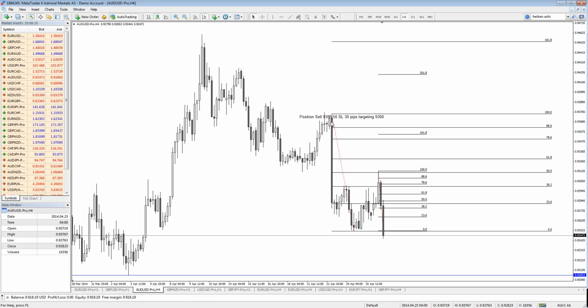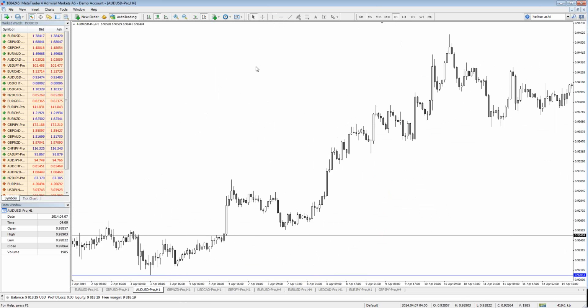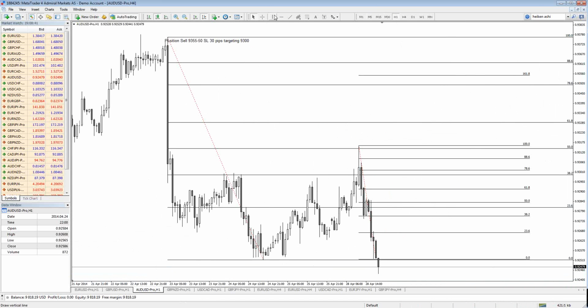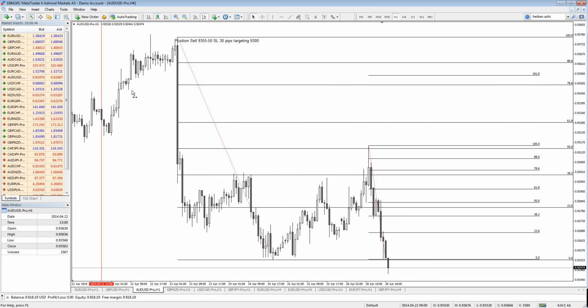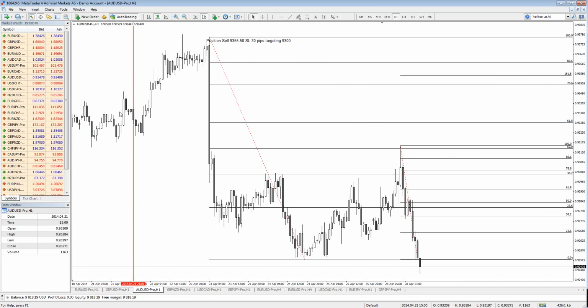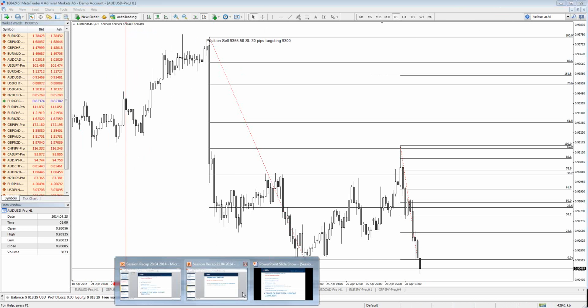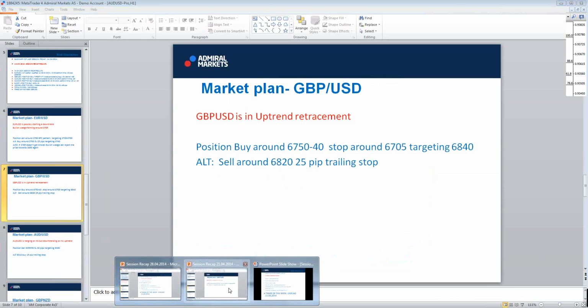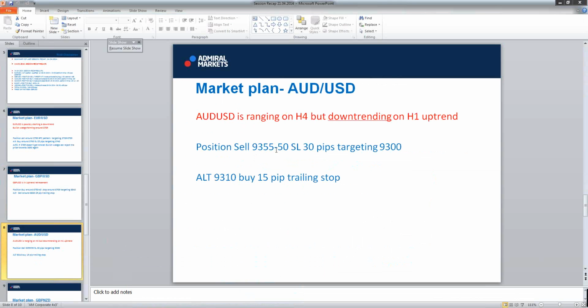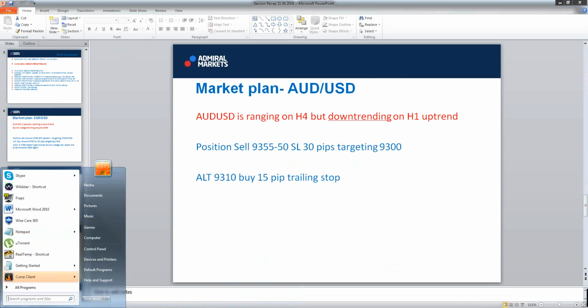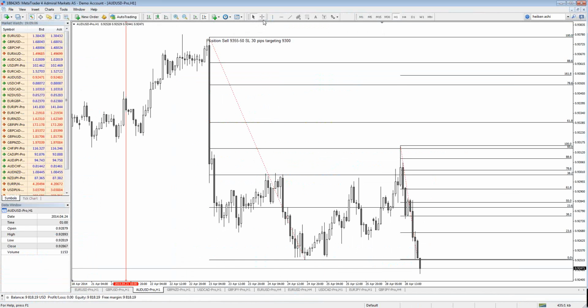Aussie position sell 93.55. Let's see where basically the entry was. This was the time of our webinar a little bit earlier, and what we said for Aussie was 93.55 with a 30 pip stop loss.